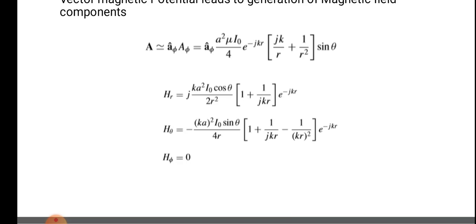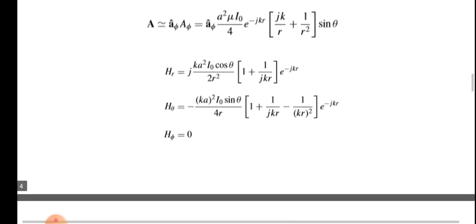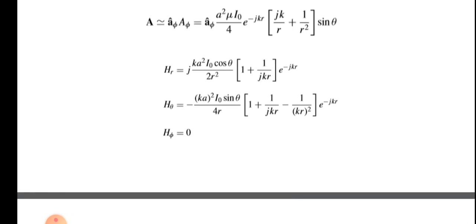The vector magnetic potential can be utilized to find the magnetic field. Here we have two components of magnetic field, one in the radial direction and another in the angular direction. The magnetic field in the direction of phi is 0, because the magnetic field and the current are always orthogonal to each other.